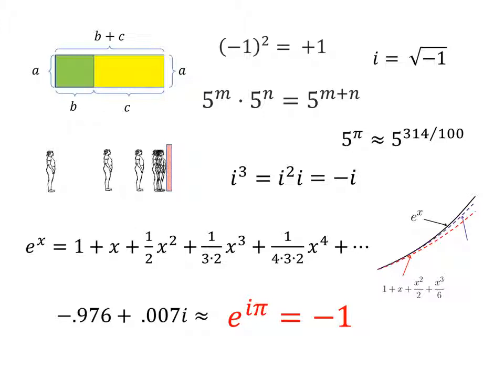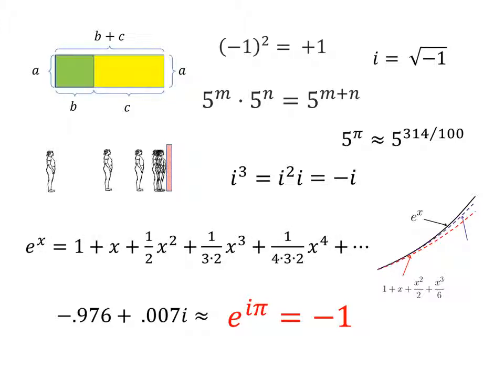A power series is an infinite sum of numbers that adds up to a finite number, and in this case we can work out that it is a finite number. Power series are very compatible with imaginary numbers because imaginary numbers multiply nicely when you're raising to an integer power.